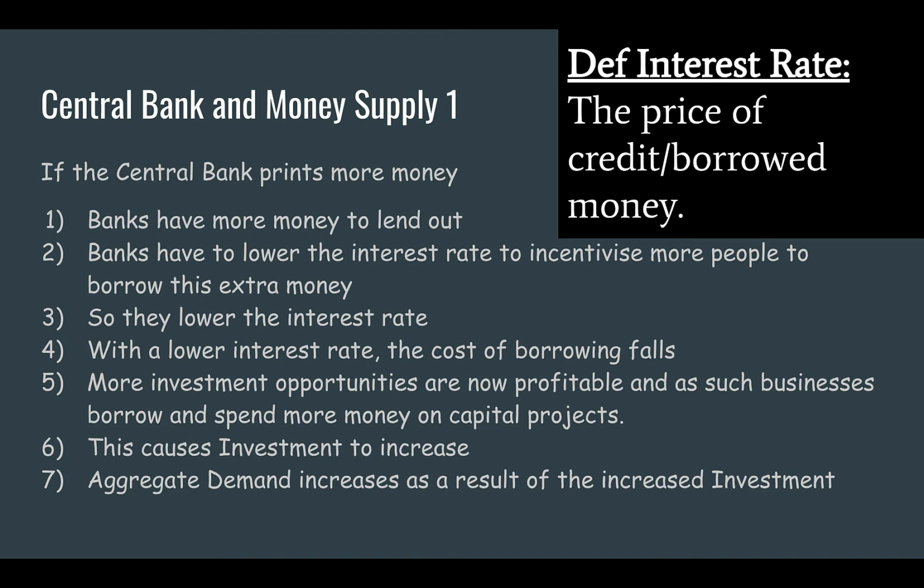Now, if more of these investment opportunities are profitable, well, more businesses will engage in investment opportunities, and as such, the amount of money spent on capital investment also increases. As a result of investment increasing, aggregate demand also rises.